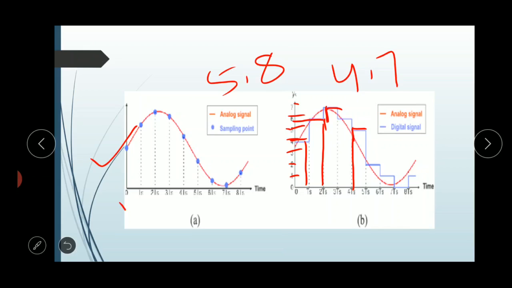So first we convert the signal to samples, then we compare each sample with predefined levels, and from comparing we get some exact value. If the value is like 1.1, we round it off to 1. If it is 2.8, we round it off to 3.